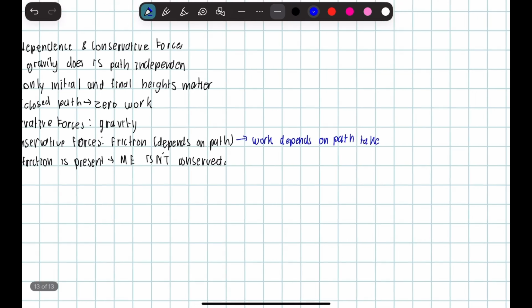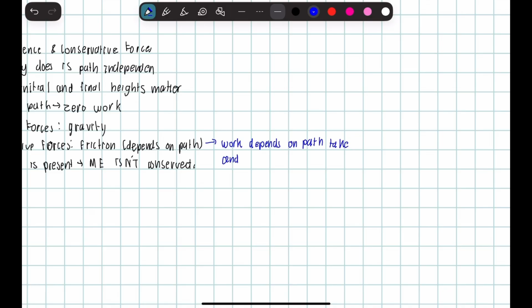So it's path dependent, and it dissipates mechanical energy as heat usually, and this is unrecoverable as usable work. This means the process is irreversible.